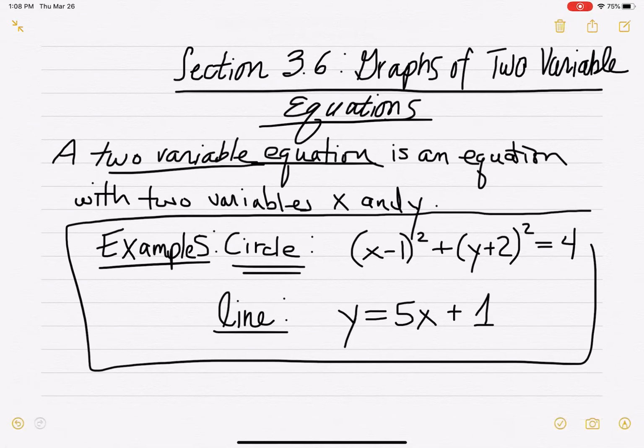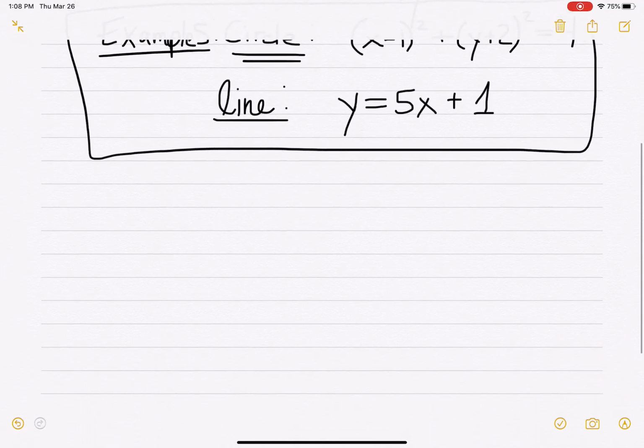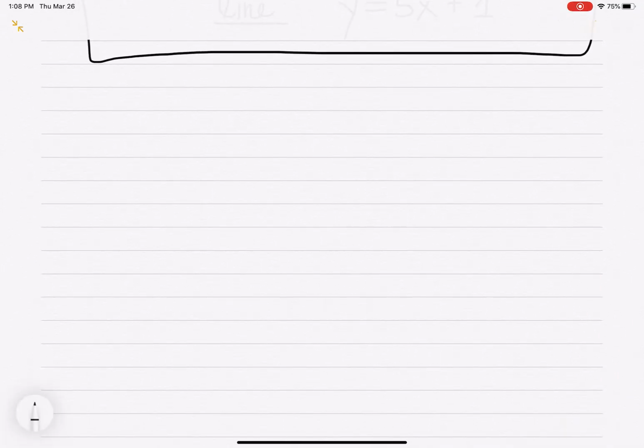So we want to get more involved with two variable equations. First we want to define what is a solution point.